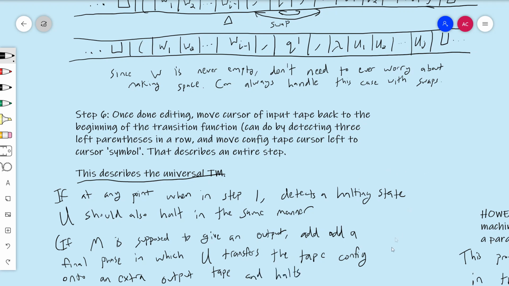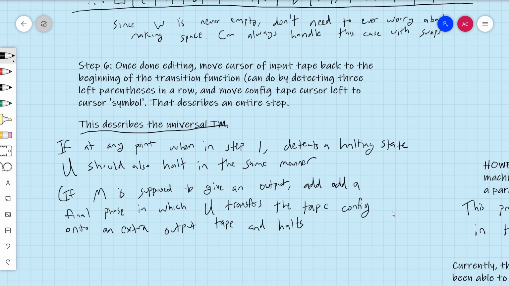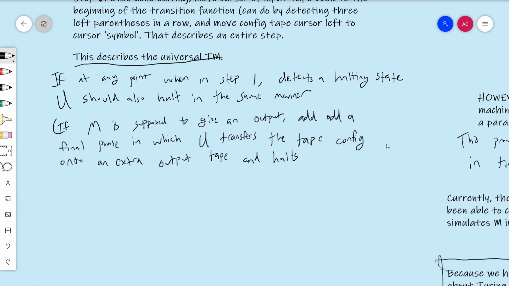So if you're supposed to halt, the thing is, we have configurations written in the tape, right? We don't have the actual output. We don't have the actual tape configuration.